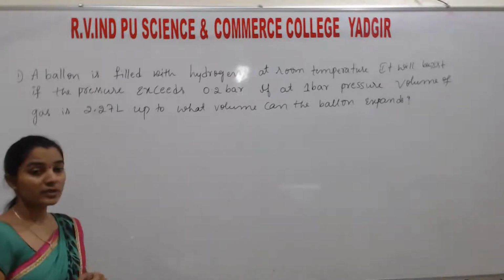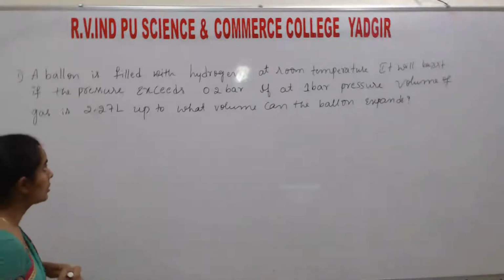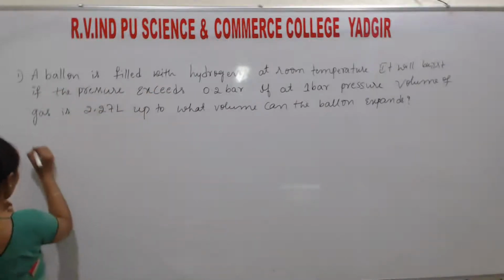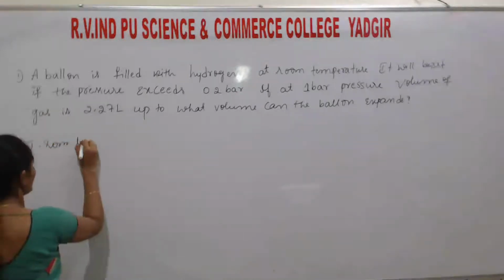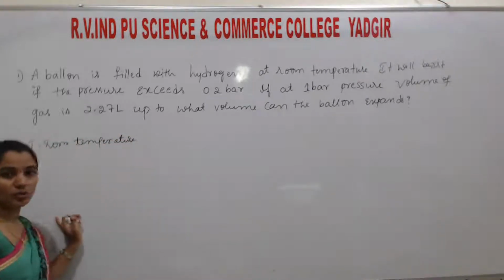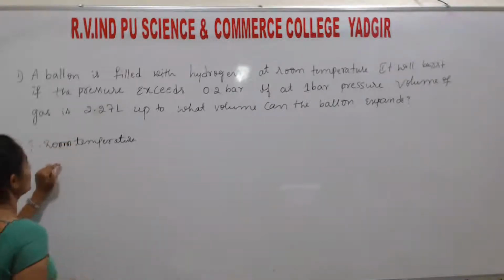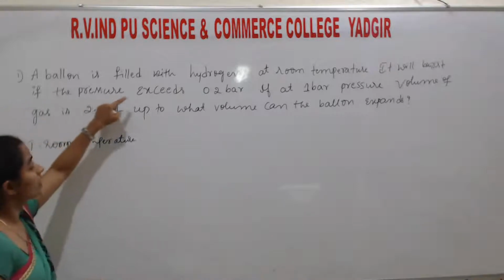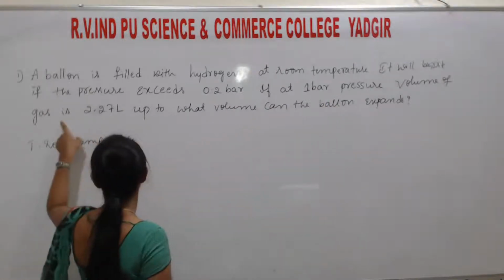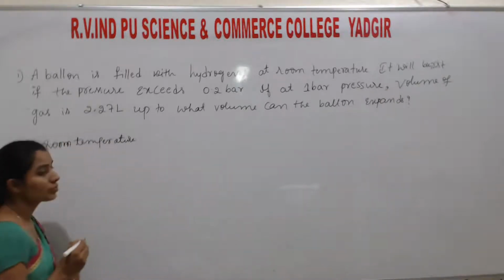So students, after reading the question, you have to note down the given data. That is the basic thing. Okay. So first you read, a balloon is filled with hydrogen at room temperature. Here the temperature given is room temperature. So remember, room temperature is always 27 degree Celsius or 300 Kelvin. That is standard. Next, at 1 bar pressure the volume of the gas is 2.27 liter.